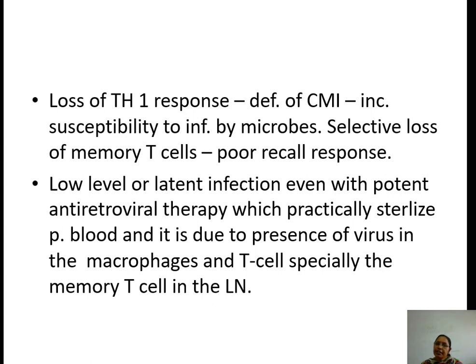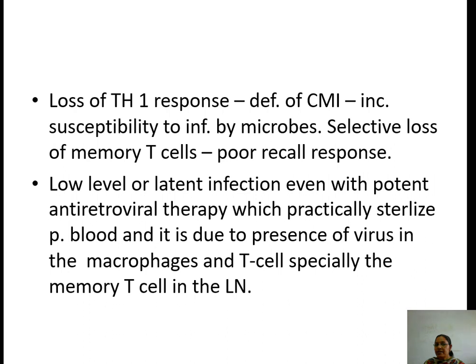Now the CD4 cells have different subtypes like Th1, Th17, etc. So loss of the Th1 response leads to deficiency of cell-mediated immunity, and there is increased susceptibility to infection by different types of microbes. So there is opportunistic infection. Selective loss of memory T cells leads to poor recall response. Memory cells are very important for when the primary antigen re-enters our body.